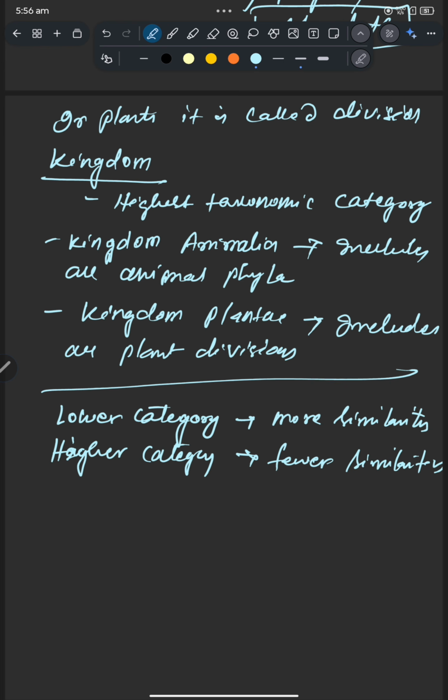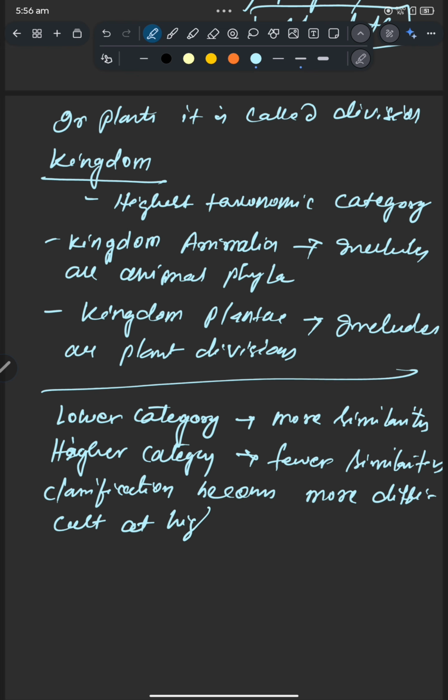If you take species, they will have more similarities, but if you take phylum, then very few similarities will be there, and then it will be very difficult to identify or group them. So that's why classification becomes more difficult at a higher level.